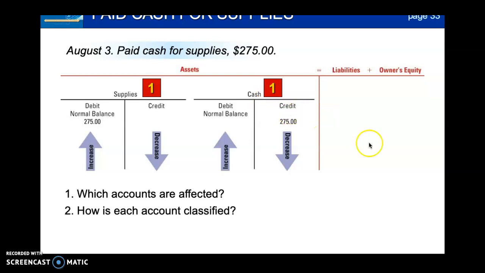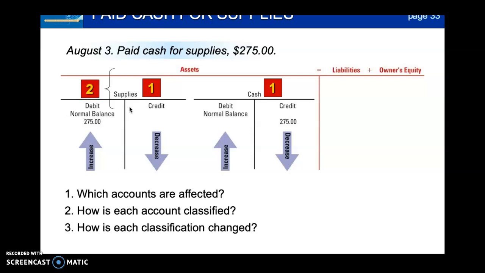Well, cash we know is an asset because we own cash. And actually, you guys should know that supplies is also an asset because remember, we own the supplies that we buy, all right? So how is each account classified? Well, it just so happens that both of these accounts are assets.